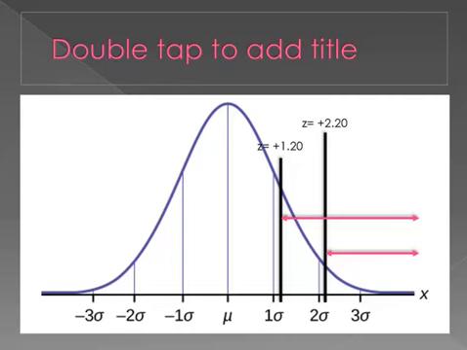So if I look up in my table, right, the proportion of scores that fall in the tail for a z-score of 1.20, that's going to give me the proportion at or above 1.20. I get a proportion of 0.1151. If I find the proportion in the tail for 2.20, so in other words, what proportion falls at or above 2.20, I get a proportion of 0.0139.